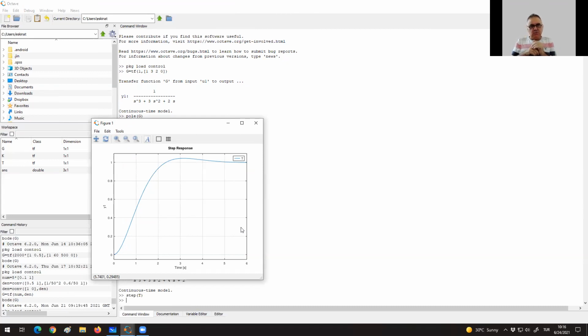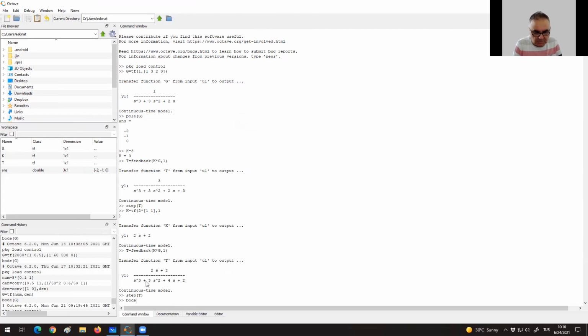So let's try to use this transfer function to find the frequency response of our system. Now let's try to plot the Bode plot. This is the time response, by the way.